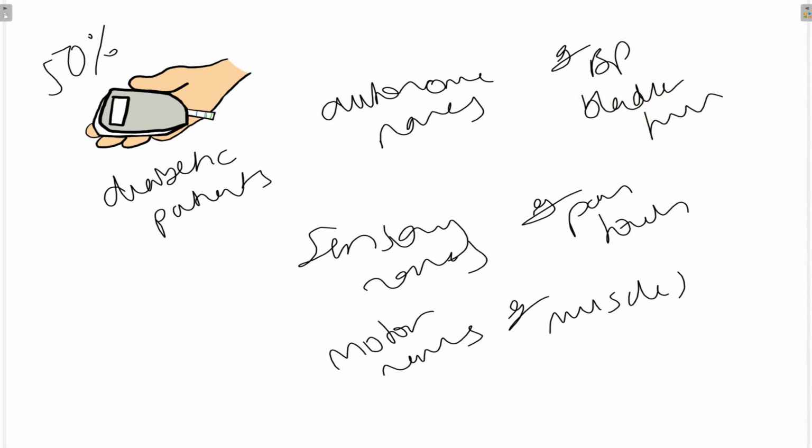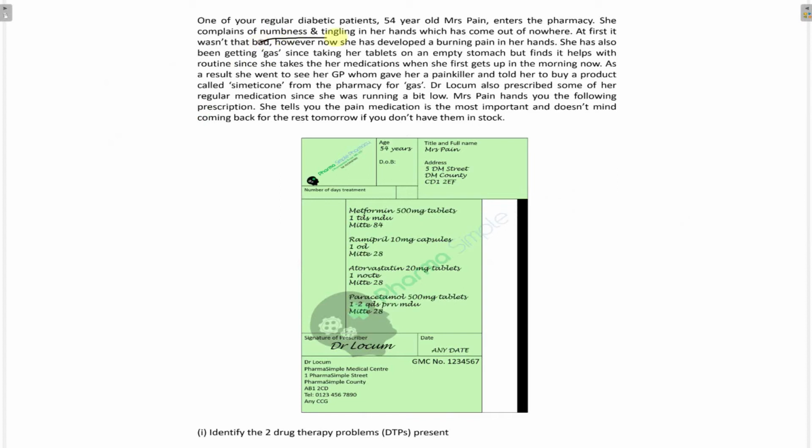Common symptoms of peripheral neuropathy may include numbness and tingling, especially in the extremities like the hands or the feet, as well as burning or shooting or stabbing pain.